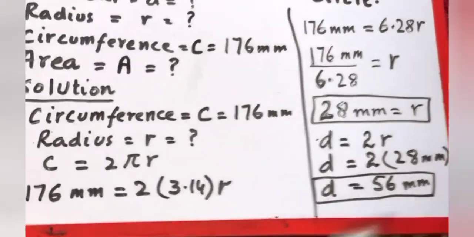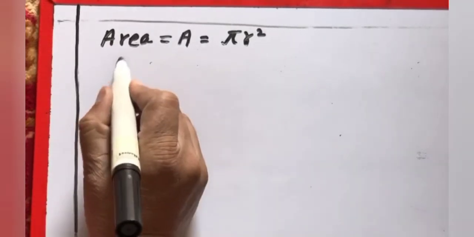Now we are going to find the area of a circle. As you know, the area of a circle is equal to pi r square.